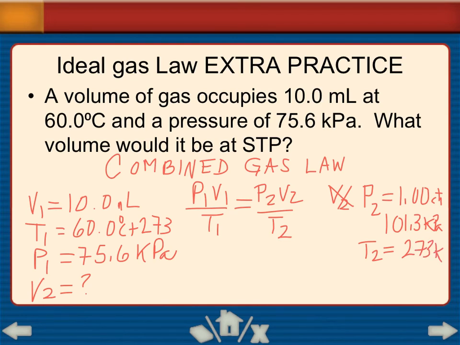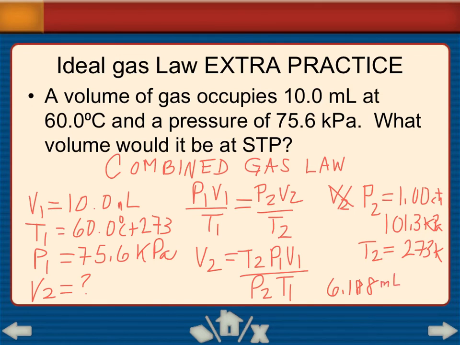So now you're solving for V2. V2 equals P1 V1 T2 over P2 T1. Substitute it all in, and you get an answer of 6.118 milliliters.